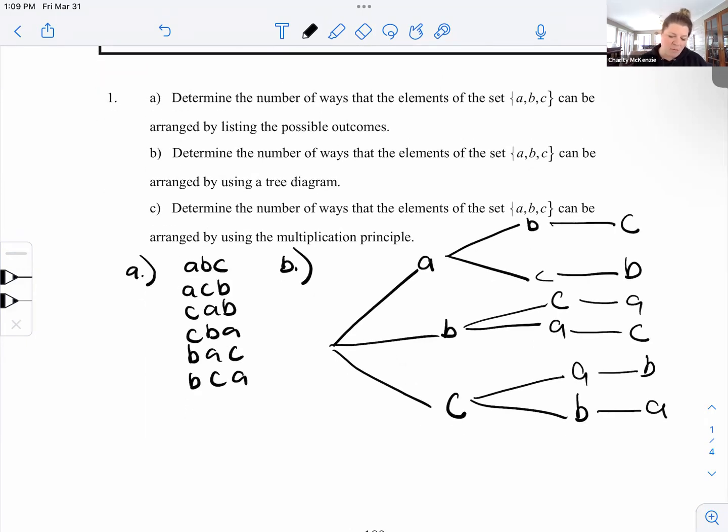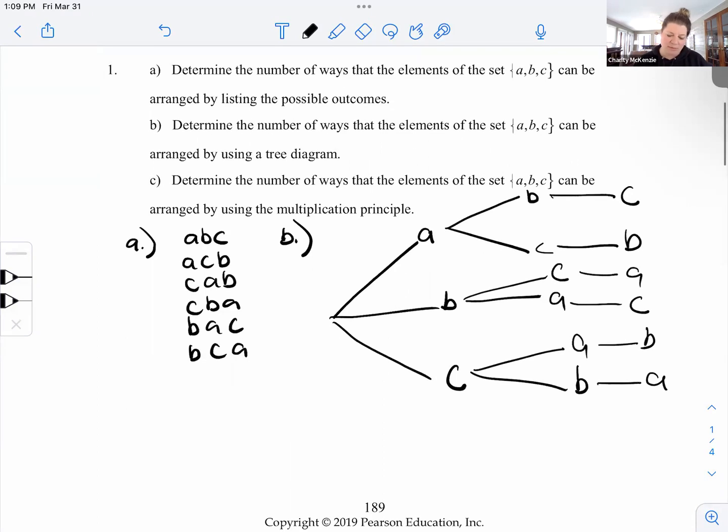And determine the number of ways that an element can be arranged using the multiplication principle. So for C, we're like, okay, there are 3 options for the first one. Now how many options do I have for the second one? Well, I used one of them. And then I have 1 left for the third one.